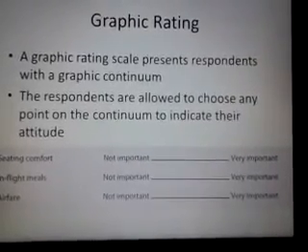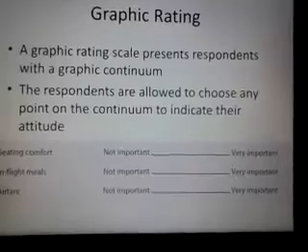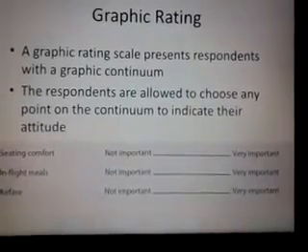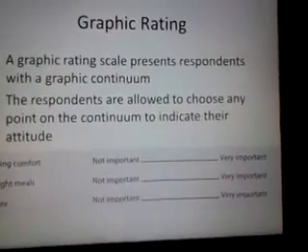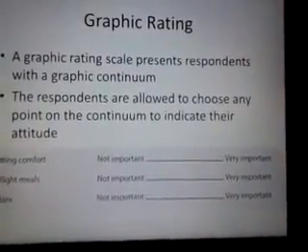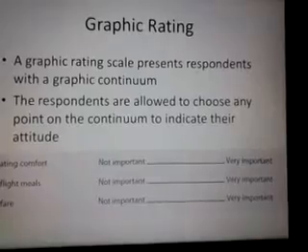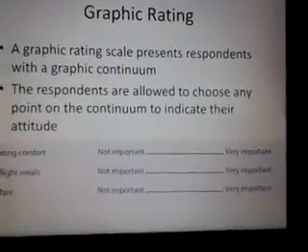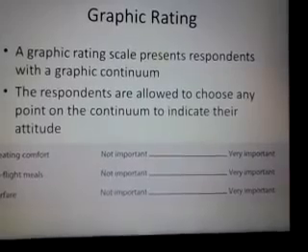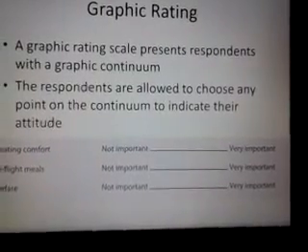So at any single point the respondent could tick or choose. But in this case there is no point, it is simply a continuous line, and the respondents are supposed to choose or tick anywhere on that line.